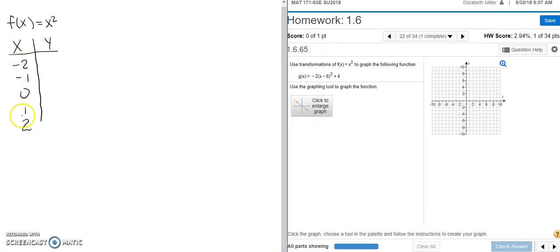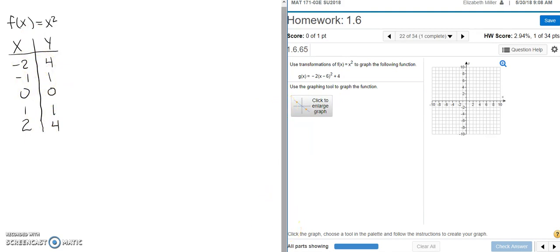So we could do whatever points we want, but it's easy to do some negatives, 0, and some positives. To figure out the y values, all I'm doing is plugging them in for x. So -2 squared is 4. -1 squared is 1. 0 squared is 0. 1 squared is 1. 2 squared is 4. So that is the original function. Then we have to do all of these transformations.